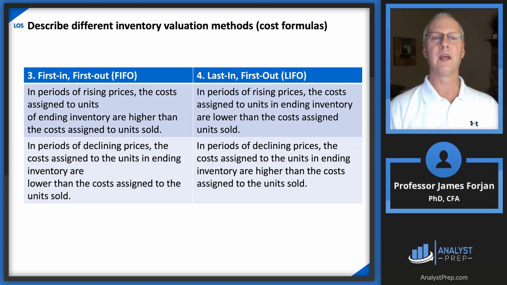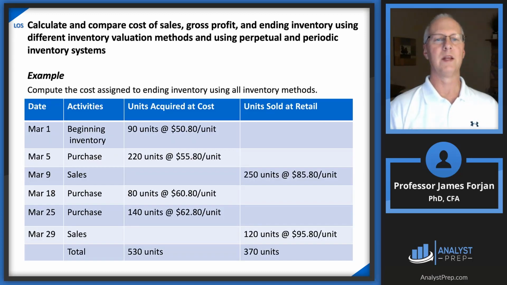And that would be good thinking. And here's what I just said. In periods of rising prices, the costs assigned to units of ending inventory are higher under FIFO and lower under LIFO. And then just the opposite for declining prices. And we'll see that in an example.